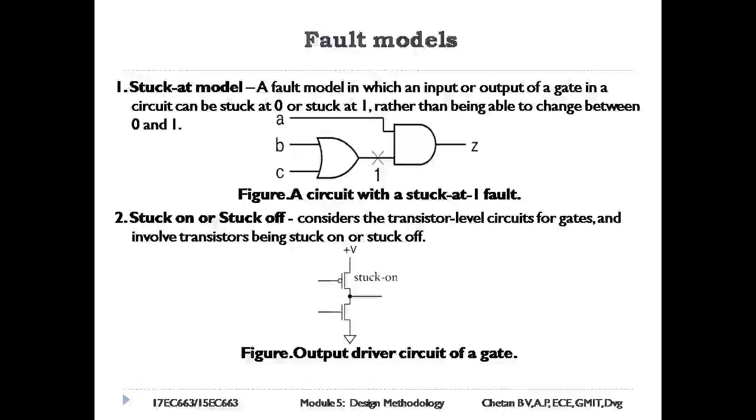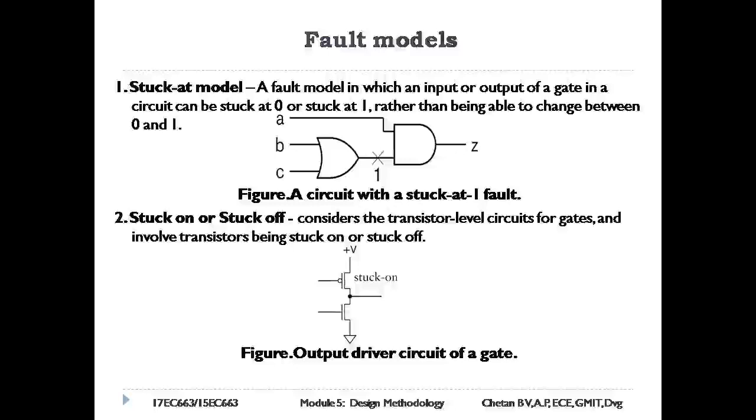For some input combinations to the circuit, like B equals 1 or C equals 1, the value at the stuck node would normally be the same as the stuck-at value. The circuit would produce the correct output and the fault would not be detected. For other input combinations, like B equals 0 and C equals 0, the value at the stuck node would be the opposite of the stuck-at value.